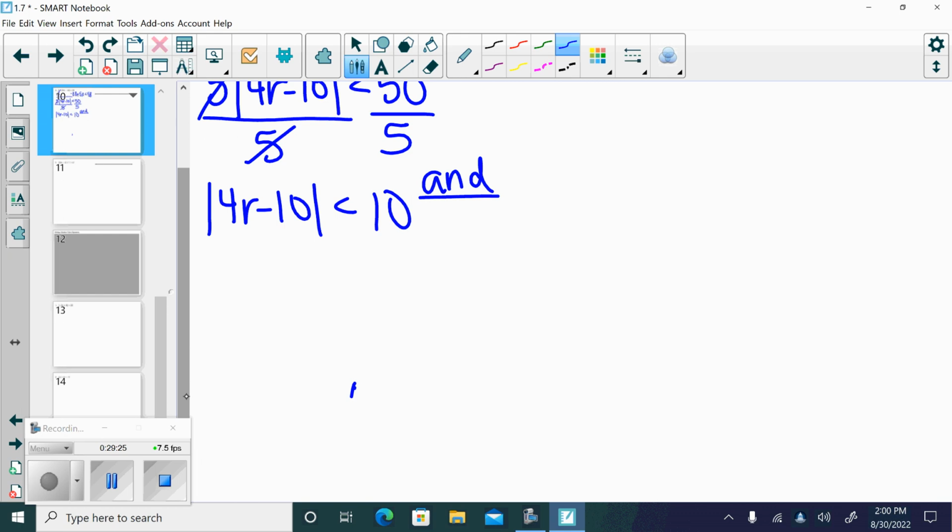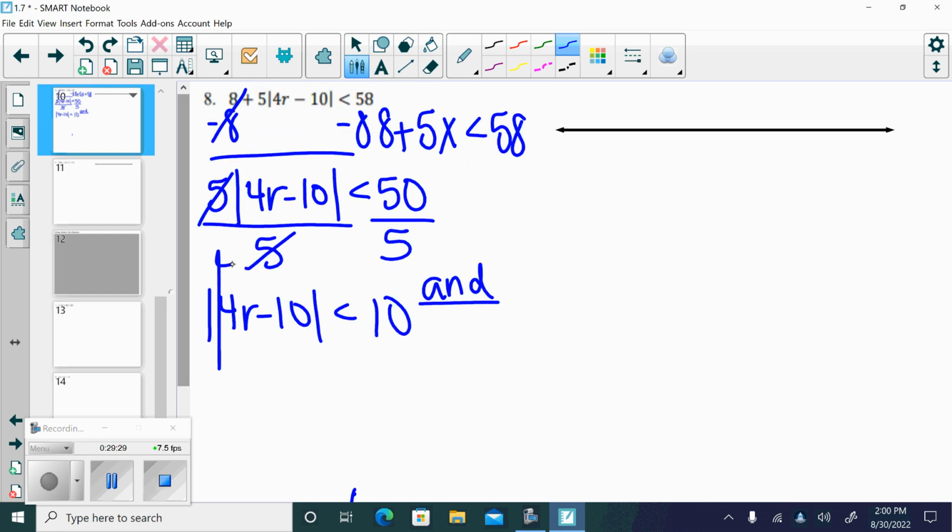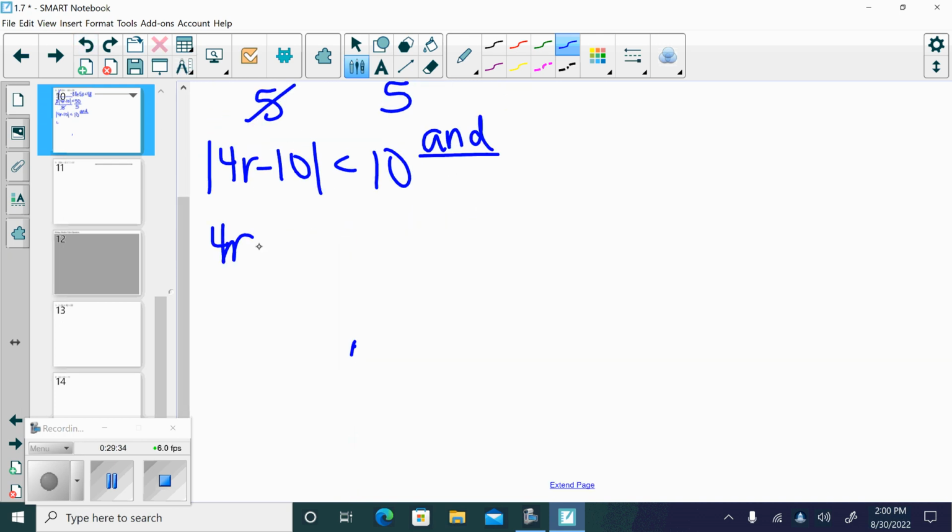Okay, now we have to split it into our two inequalities. Okay, so 4r minus 10 is less than 10, so that one you write exactly as is. And then for the second one, left side stays the same. You're going to flip and change the sign of the right.